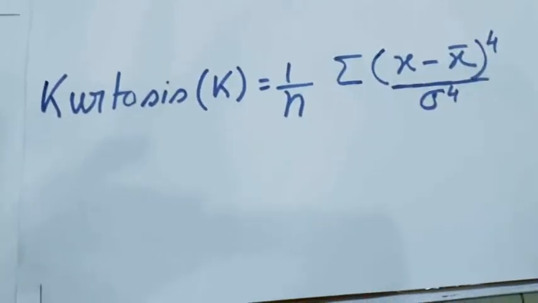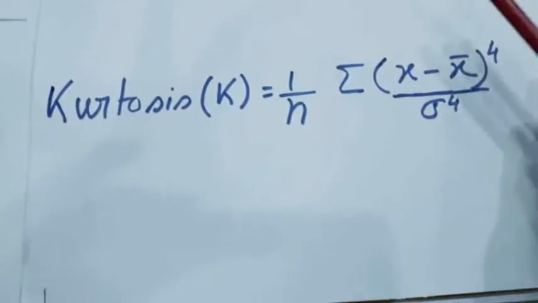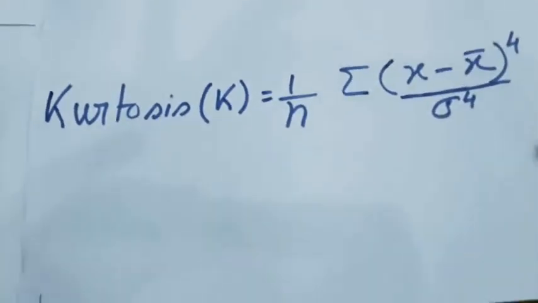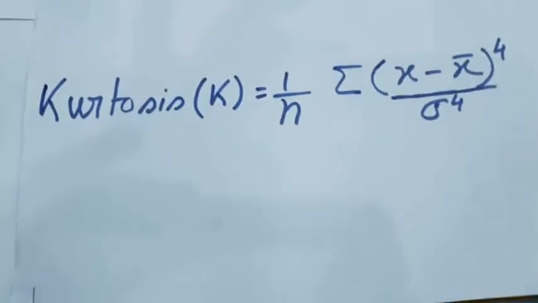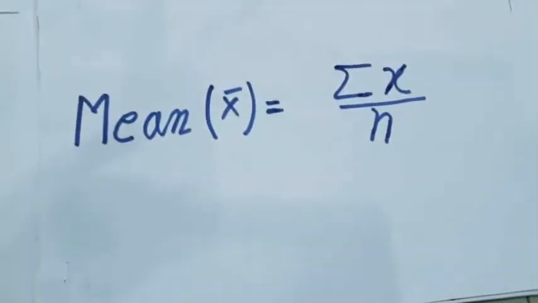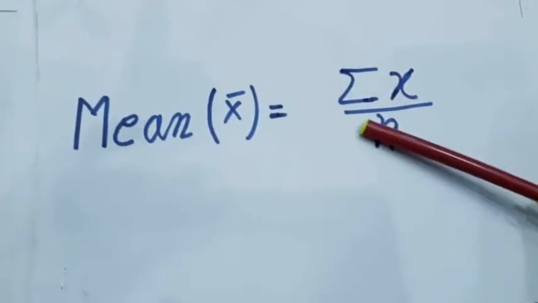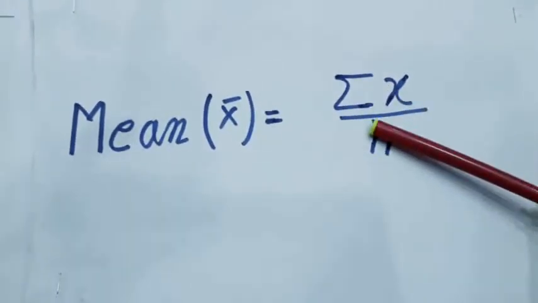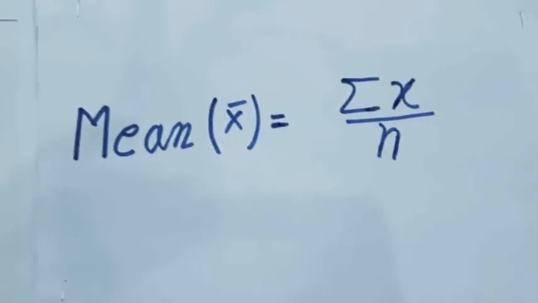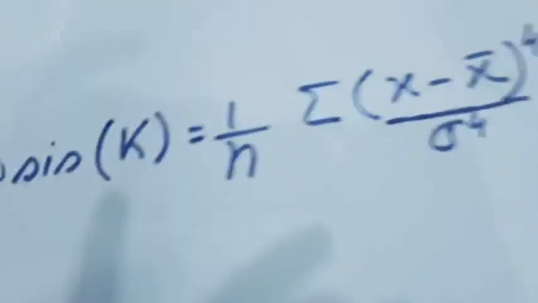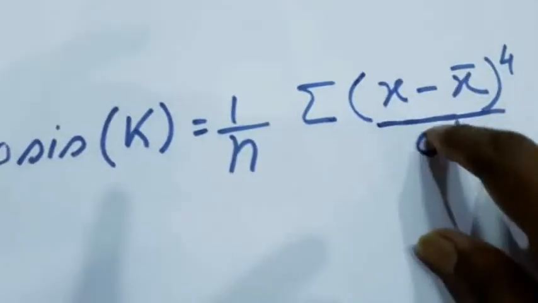We know that to get the value of x bar, we have to apply this formula. x bar equals summation x by n. Now what we need? We need sigma.